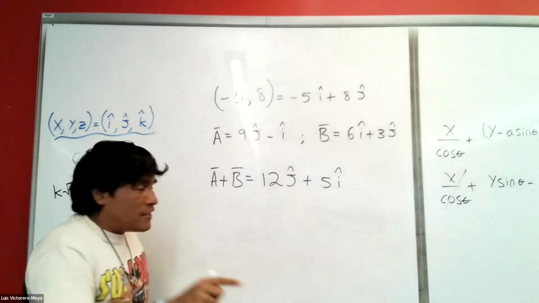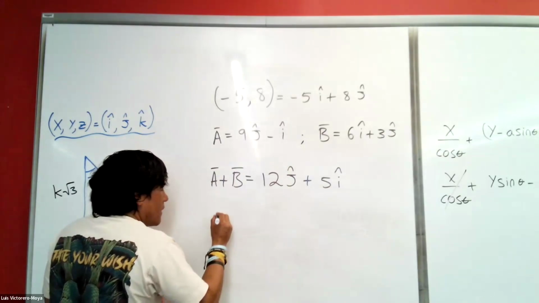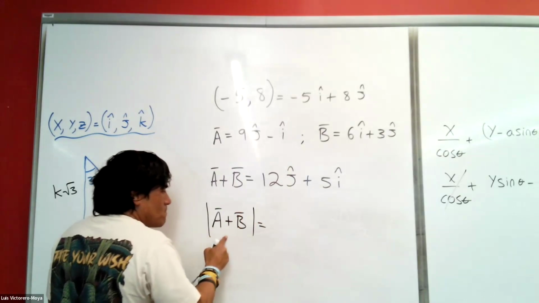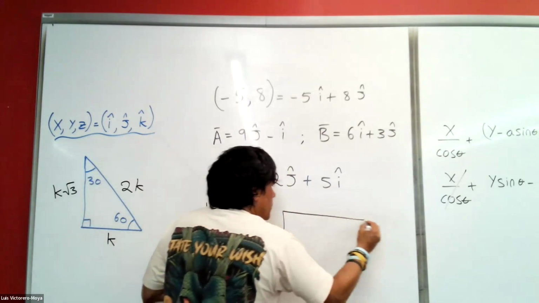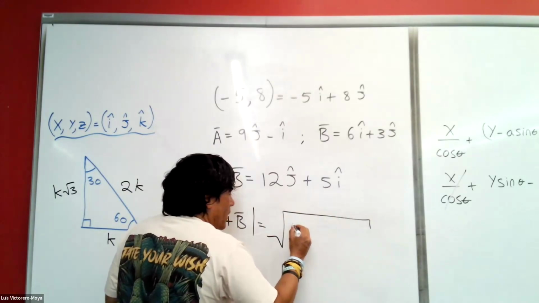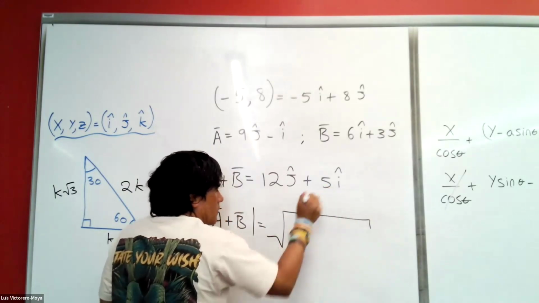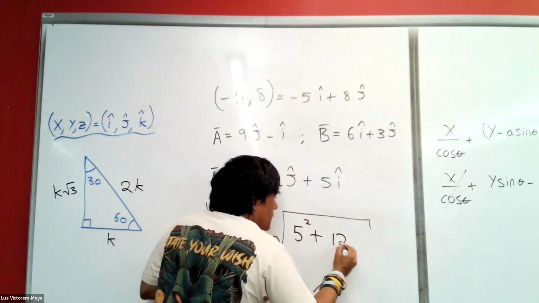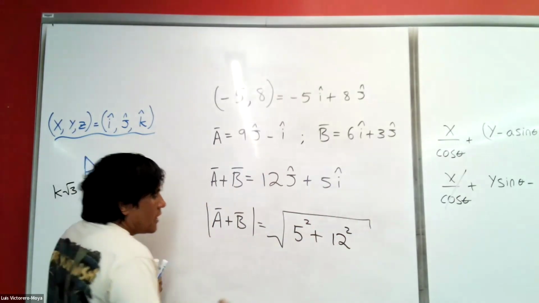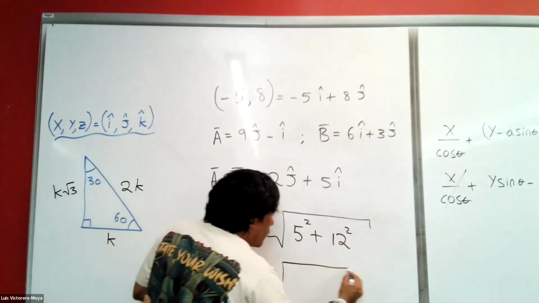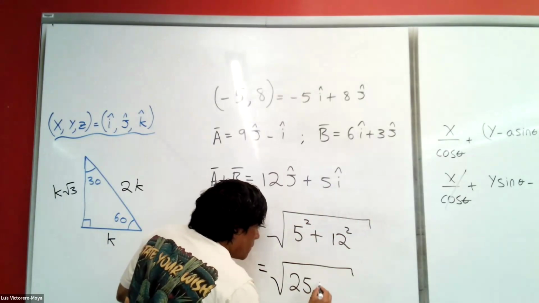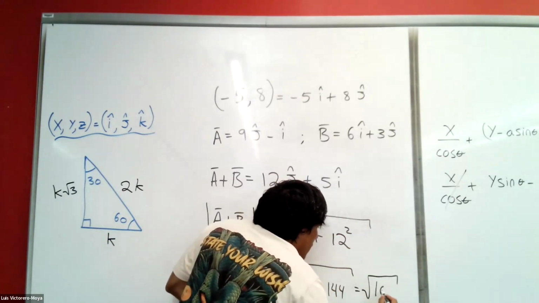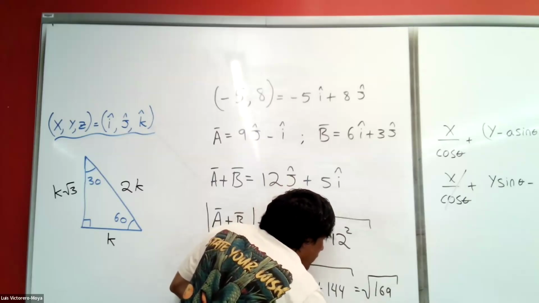And if I want to find the magnitude of this, the magnitude is the square root of the x component squared plus the y component squared. The Pythagorean theorem. So the square root of 25 plus 144, which is the square root of 169, which is equal to 13.